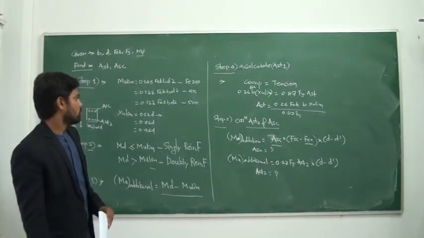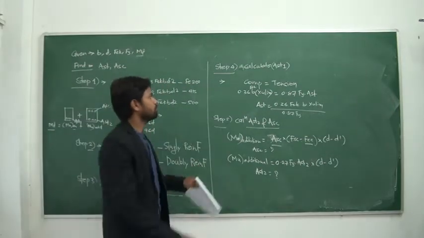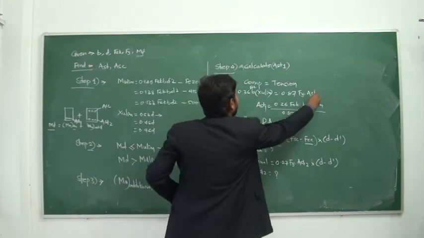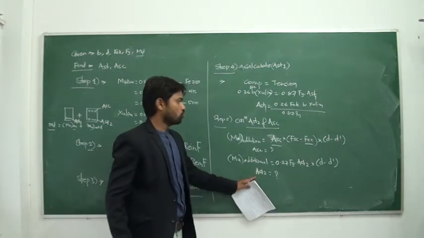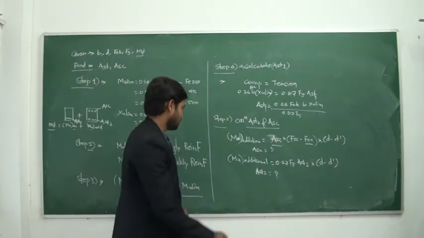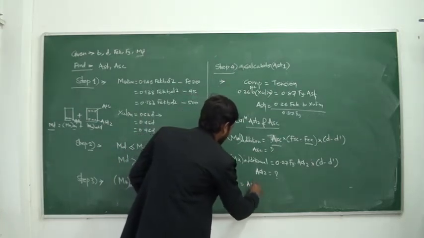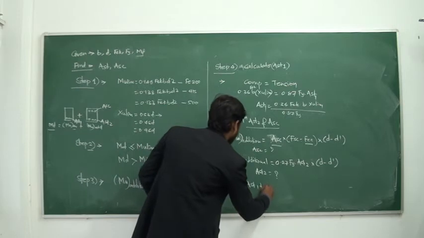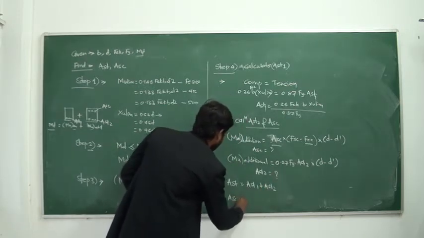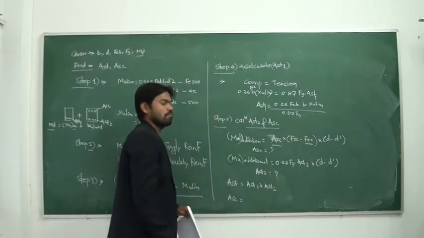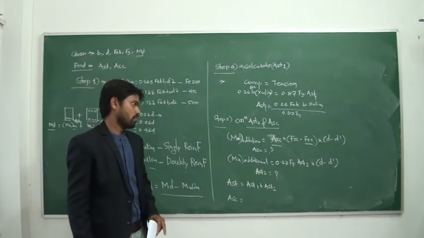So we have calculated AST1, we have calculated AST2. So total AST will be AST1 plus AST2, and ASC from this equation.